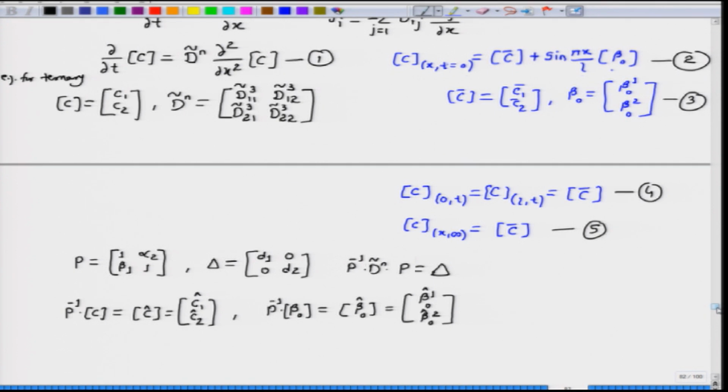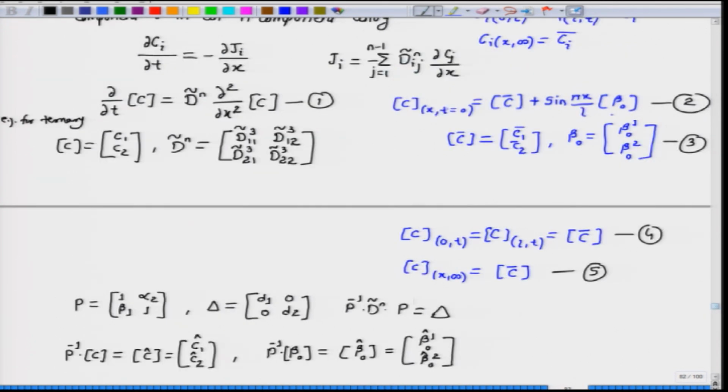Now, with this, if we pre-multiply the diffusion equation 1 with P inverse, we know P inverse times C is C cap, and we have on the right hand side P inverse times d tilde.